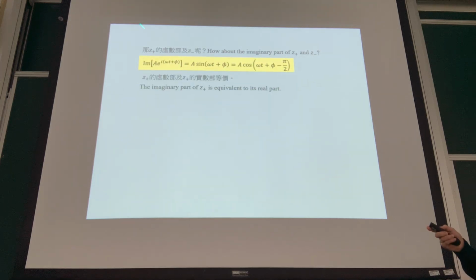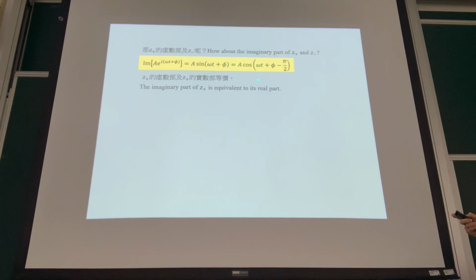So let's take a look at the imaginary part of Z plus. You can see that the imaginary part of Z plus is A times sine of omega t plus phi. But you can easily write it in terms of cosine, because sine of omega t plus phi is equal to cosine of omega t minus 90 degrees, or pi over 2. Check yourself.